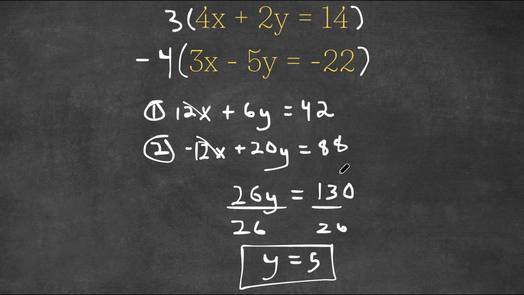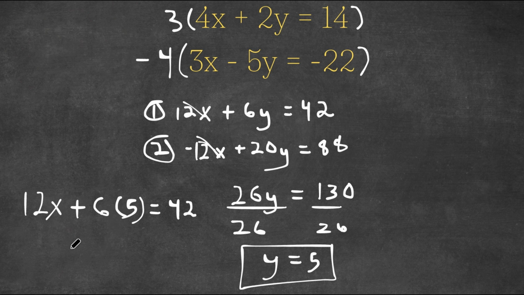Now we are not done yet. Although we have our value for y, we also need to find our value for x. So now all we have to do is plug in 5 in one of these two equations. I'll do it for the first one. So we have 12x plus 6 times 5, we're substituting 5 for y, is equal to 42.